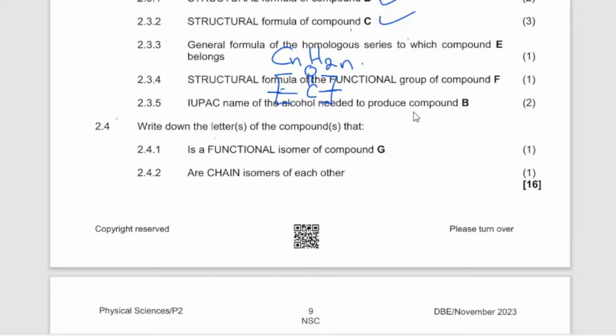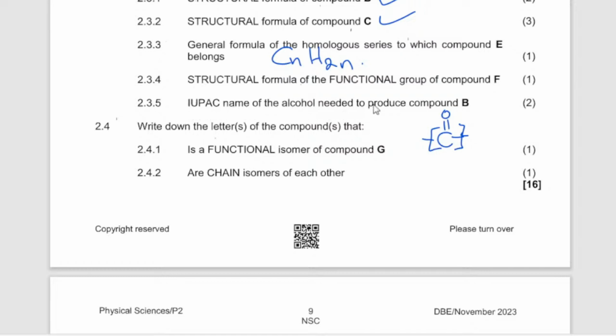And sometimes people add an alkyl group on that side and an alkyl group on that side. Still, it's cool. You'll get a mark in that regard. Whatever you write is cool.